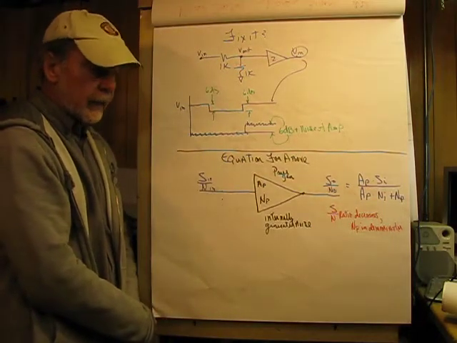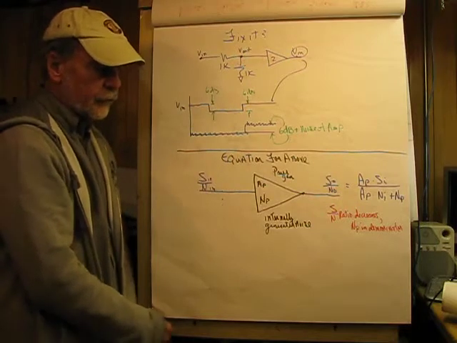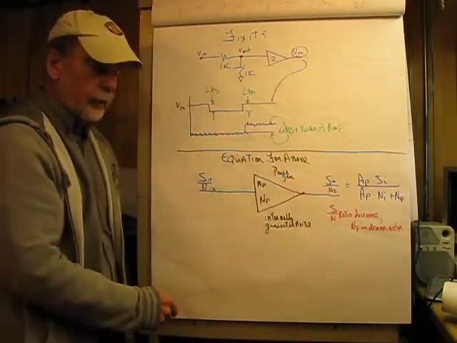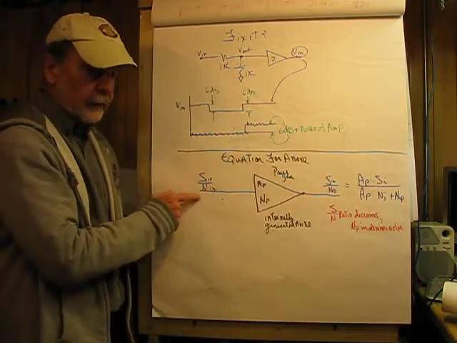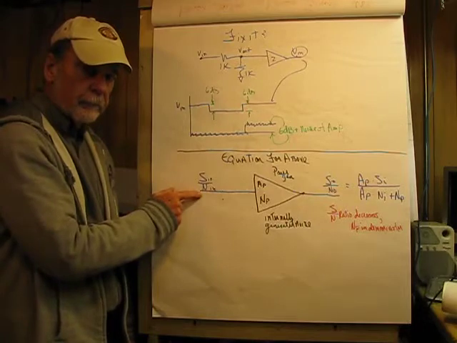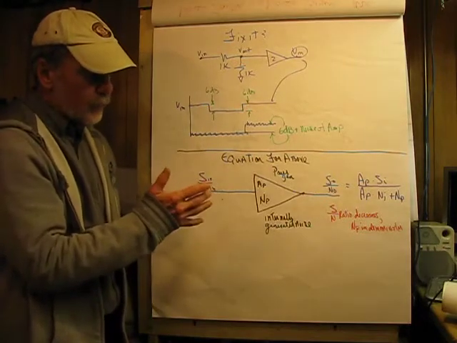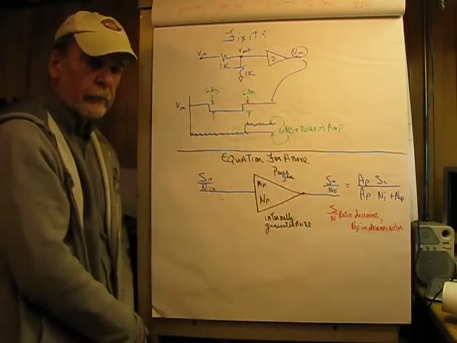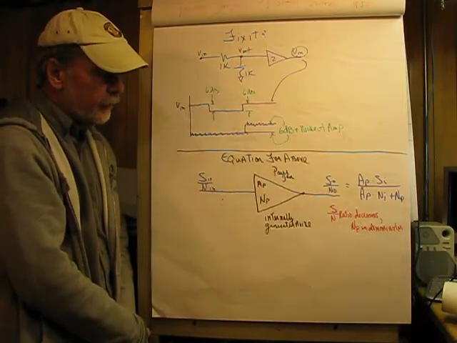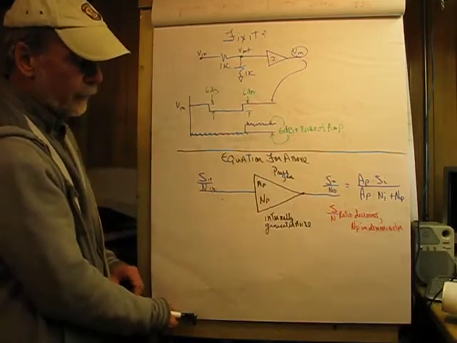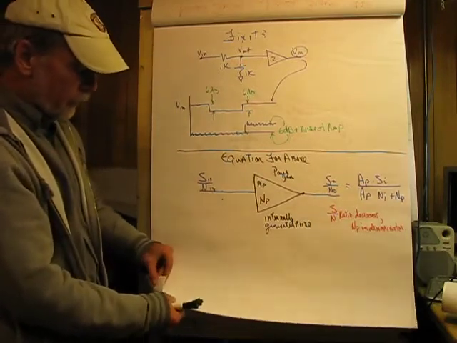Now that's in the denominator. So what that means is that the S out to N out ratio is going to be less than the S in to N in ratio. So it's kind of backward logic when you think about amplifying something. Yeah, the output's going to be greater, but in the case of noise, it's worse. Signal to noise ratio degrades with every device it goes through.